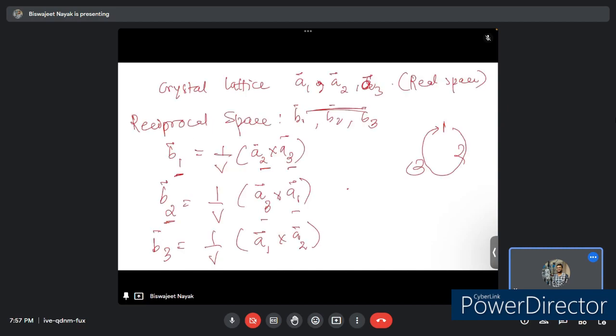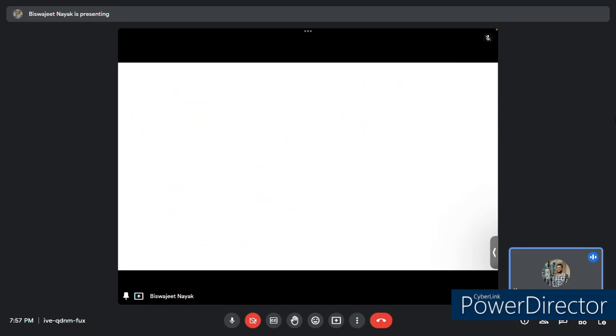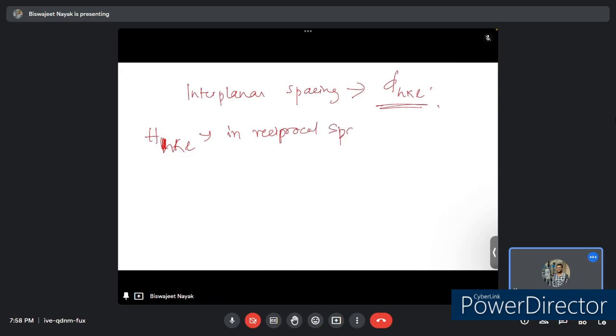In real space, the interplanar spacing is usually given by d HKL, and when we consider the interplanar spacing in reciprocal space, let's say d star HKL, then what is the relation between these two?